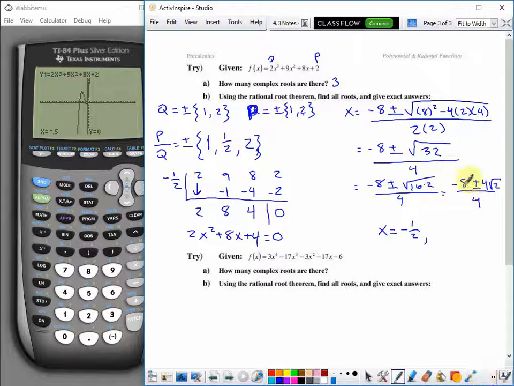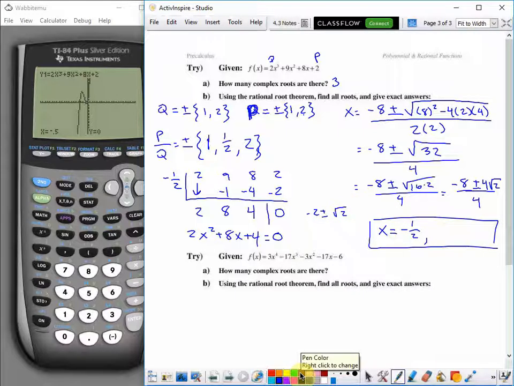And 4 goes into negative 8 and into 4. So I'm going to bring this over here since I've already kind of blocked off that space. So that's negative 2 plus or minus square root of 2. Okay, and that represents two answers, negative 2 plus the square root of 2 and negative 2 minus the square root of 2, a pair of conjugates here.